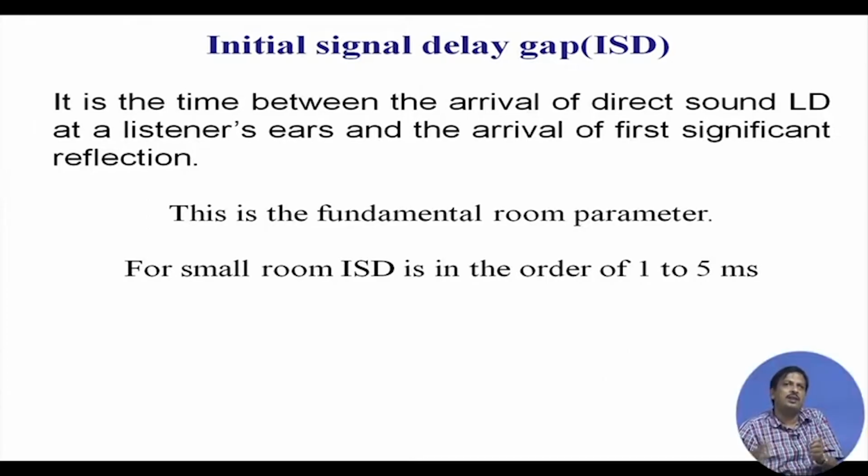So, if in any enclosed room I play a sound source, then at any point from the source there will be a direct sound and a number of reflected sounds.